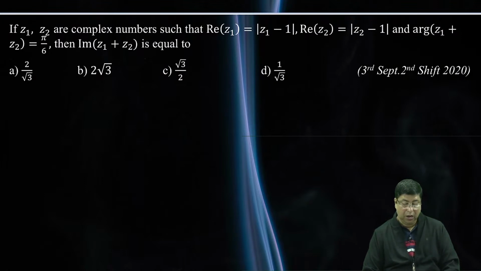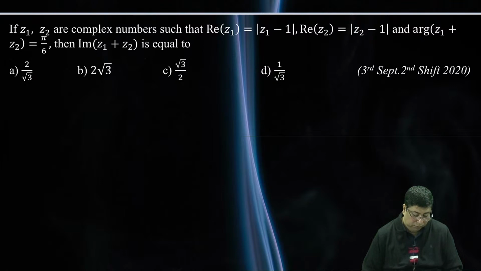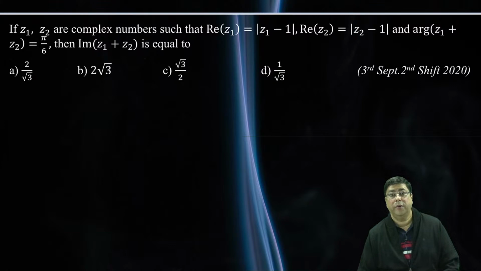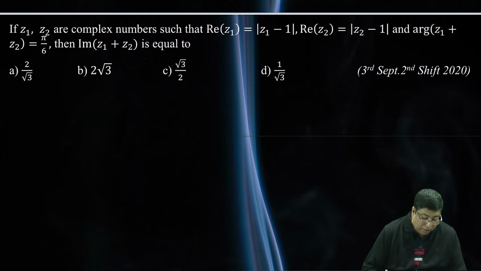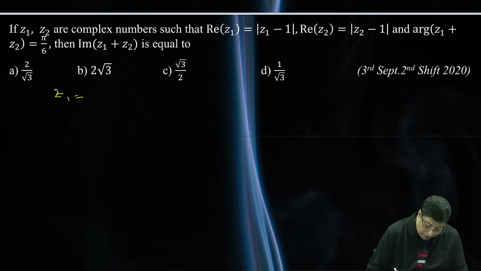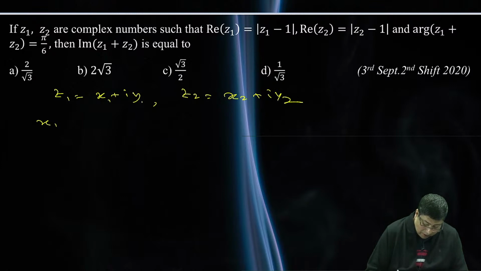How to solve this sum? Suppose z1 equal to x1 plus i y1, z2 equal to x2 plus i y2.